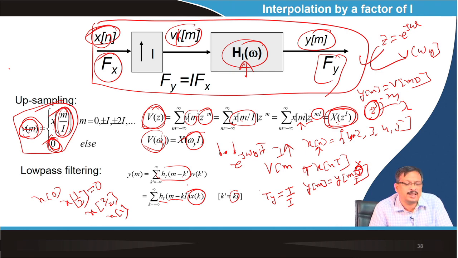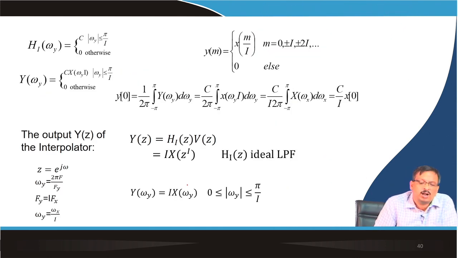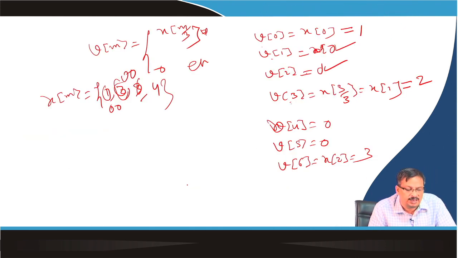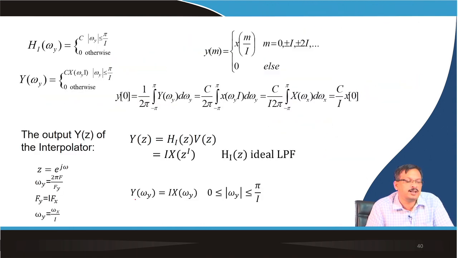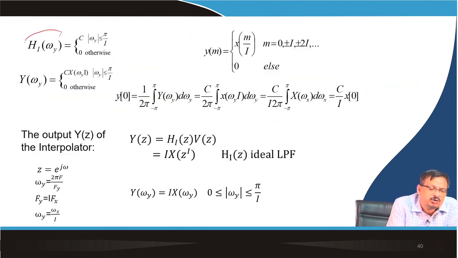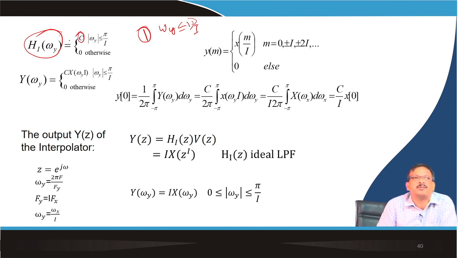Now what is the value of this constant? When I say this, what is the output of this filter? So what is the filter? H I of omega: I require a filter which, instead of 1 for omega y less than or equal to pi by I, I want this to be C, where C is a constant, otherwise it will be 0.